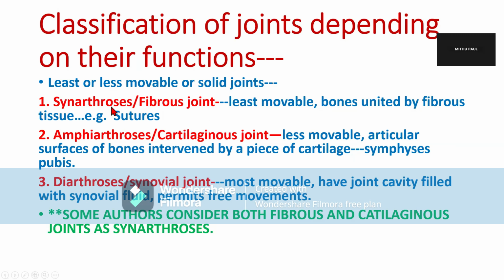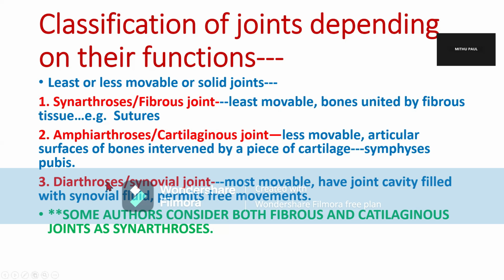The architectural point is that in synarthrosis, the articulating bones are articulating between themselves via fibrous tissue, such as sutures, allowing no movement or very, very least movement. And in amphiarthrosis or cartilaginous joint, the articulating bones are articulated via intervening cartilage, and they are less movable.